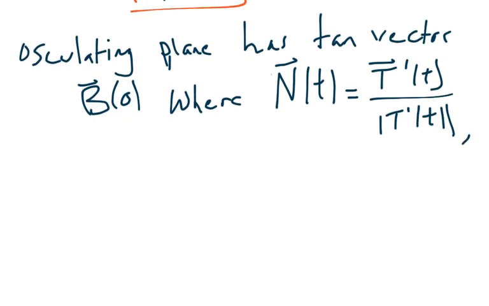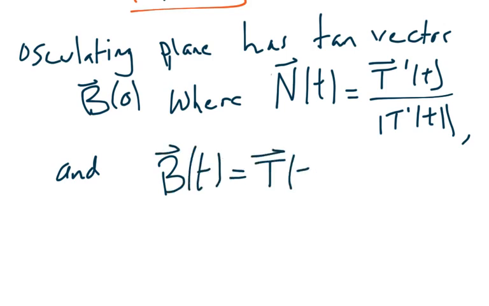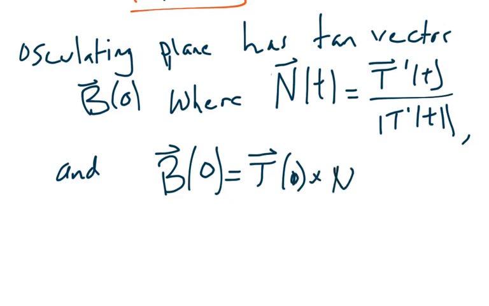So once we define T prime of t, or N of t, then we can find B. We don't need B of t, we just need B of 0, which is equal to T of 0 cross N of 0.